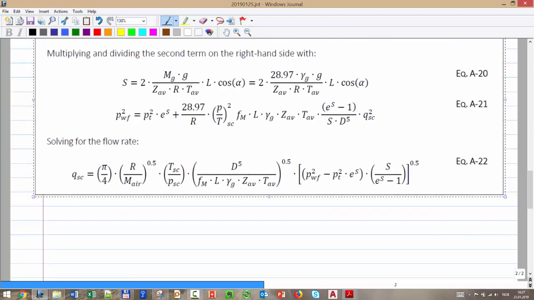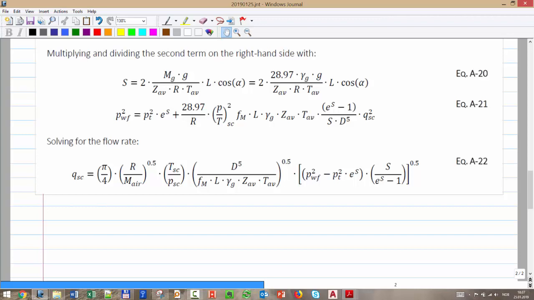One thing you note is that the equation has mostly constants. So you have the pressure at the wellhead, PT, and the pressure at the bottom, the two parameters involved.